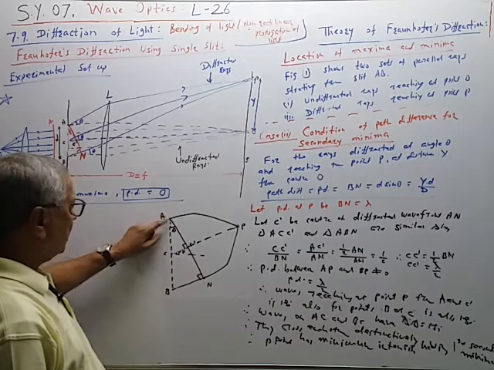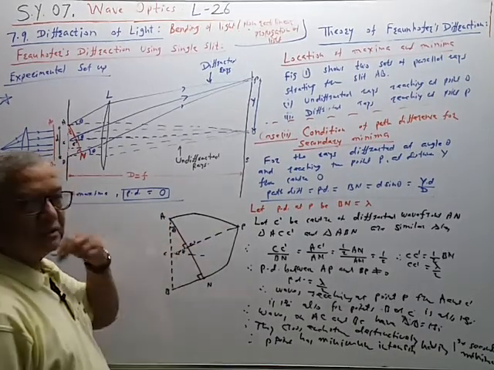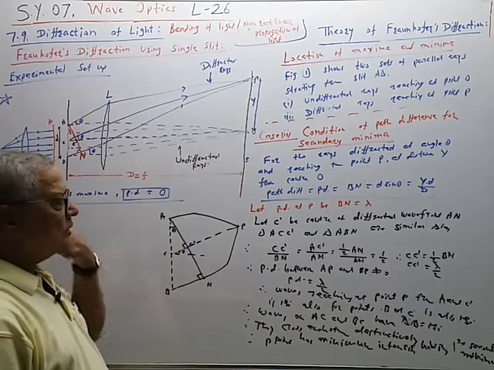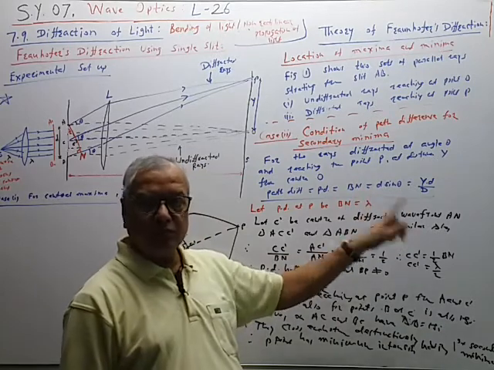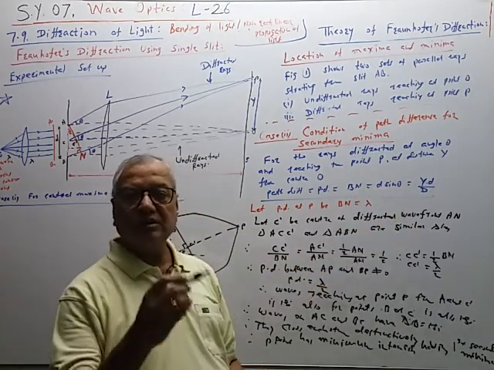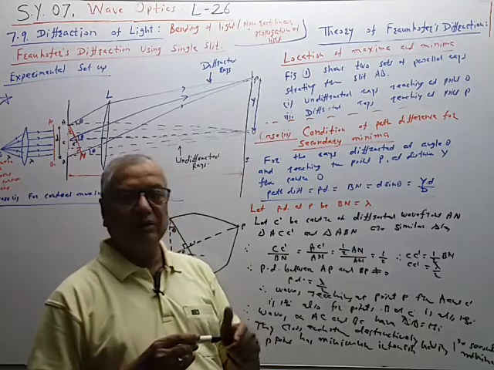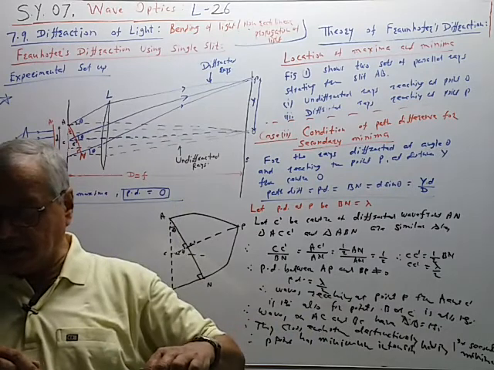So waves from A and C, waves from C and B, again cross each other destructively. So in general, when the path difference is lambda, 2 lambda, 3 lambda, 4 lambda, 5 lambda, 6 lambda, we observe the first, second, third, fourth minima respectively. So the condition of path difference is like this.